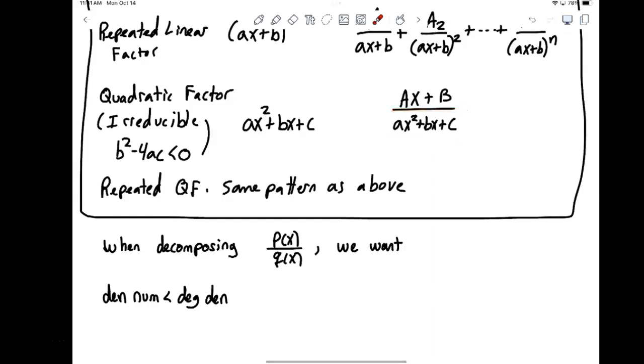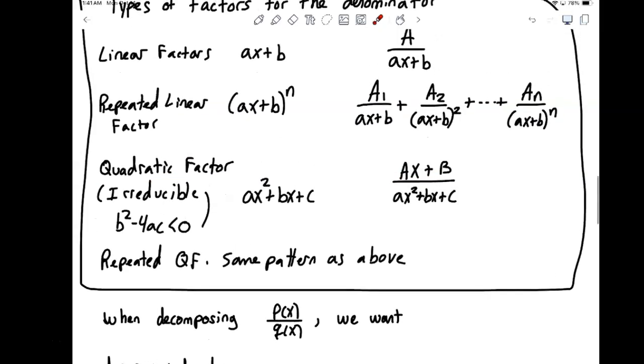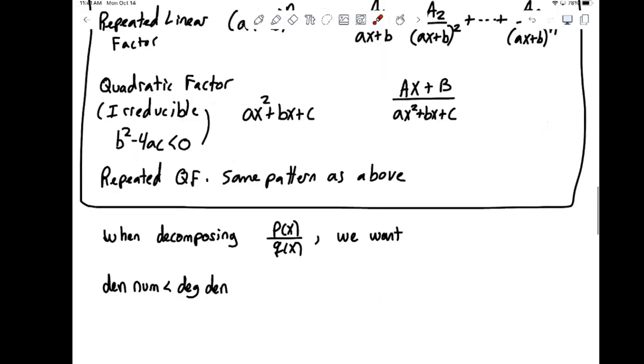That's why with quadratic we need to actually have an x and a constant term. But for all of our linear factors, that allows us to just have a constant in the numerator. So that's what we want to have happen.